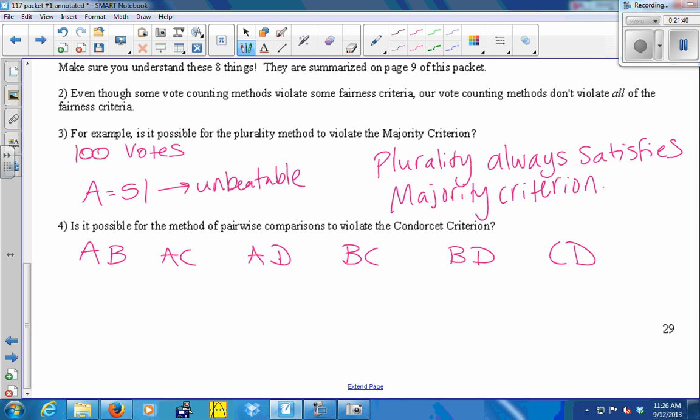Remember that the Condorcet criterion says that whoever is undefeated in their matchups should be the winner. If there's someone who's undefeated, they should be the winner. And the pairwise comparisons method counts up the number of times you win a head-to-head matchup. So pick any candidate, we'll have them be undefeated.